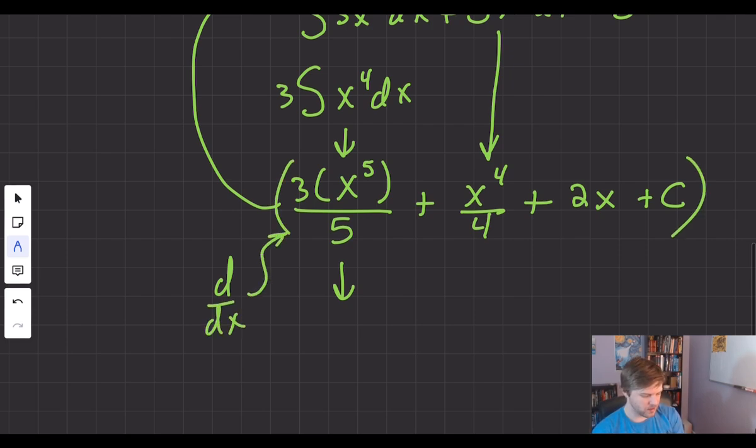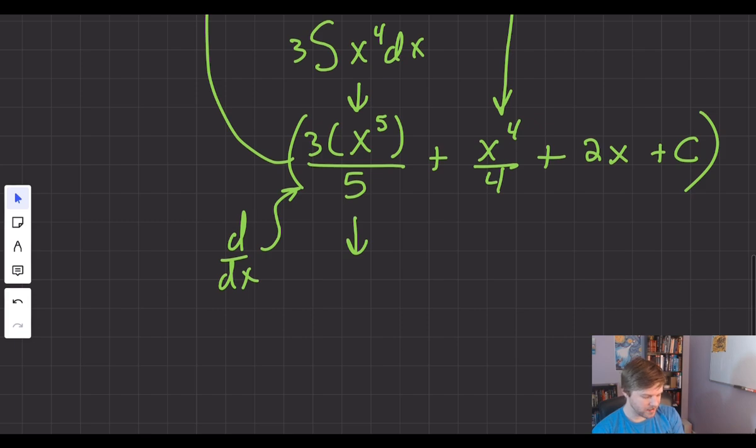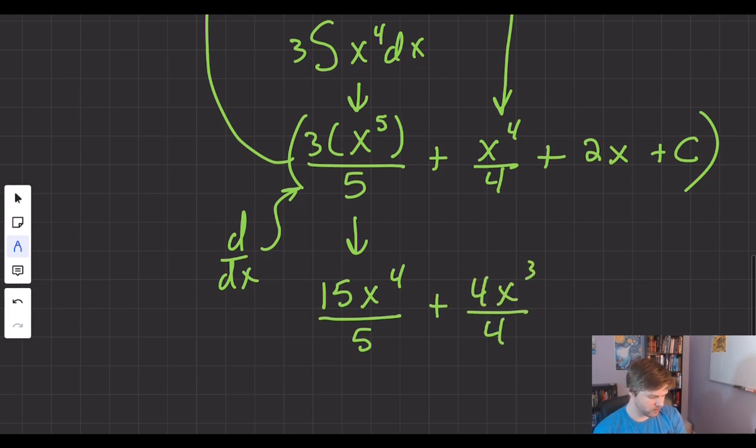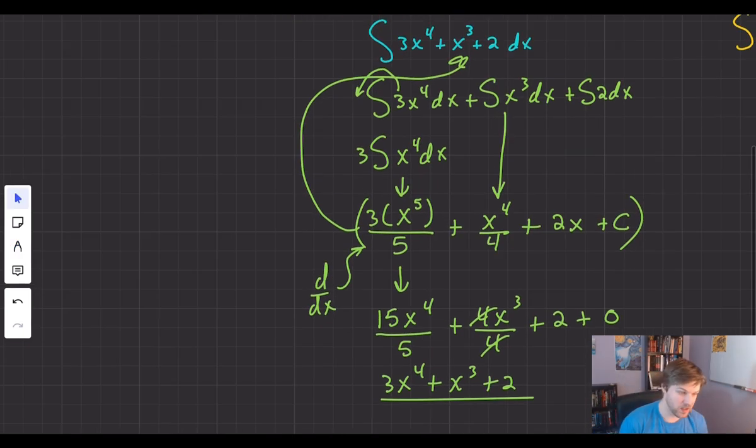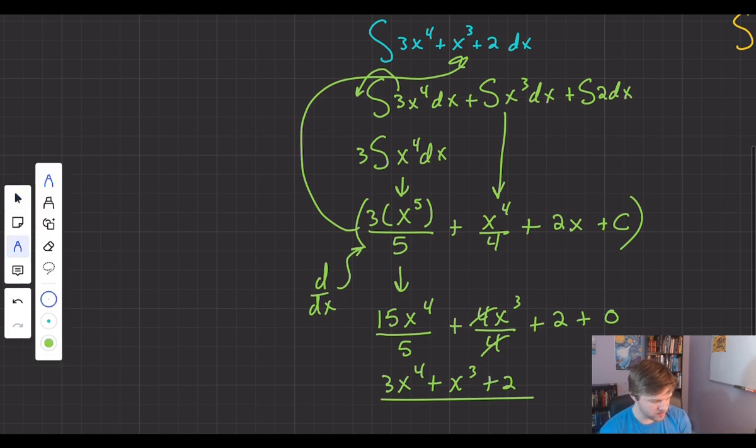This becomes 15x to the 4th over 5 plus 4x cubed over 4 plus 2 plus 0. So this becomes 3x to the 4th plus x cubed plus 2. Is that the integrand? It is. It's what we started with. So we know that our final answer is correct.